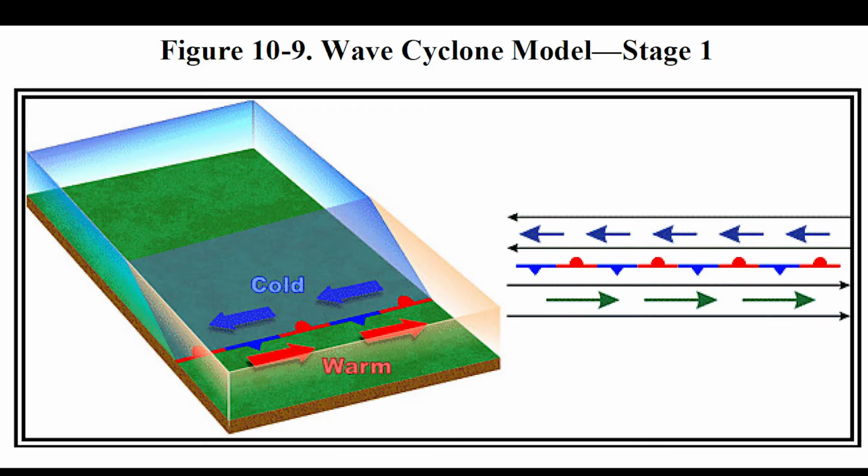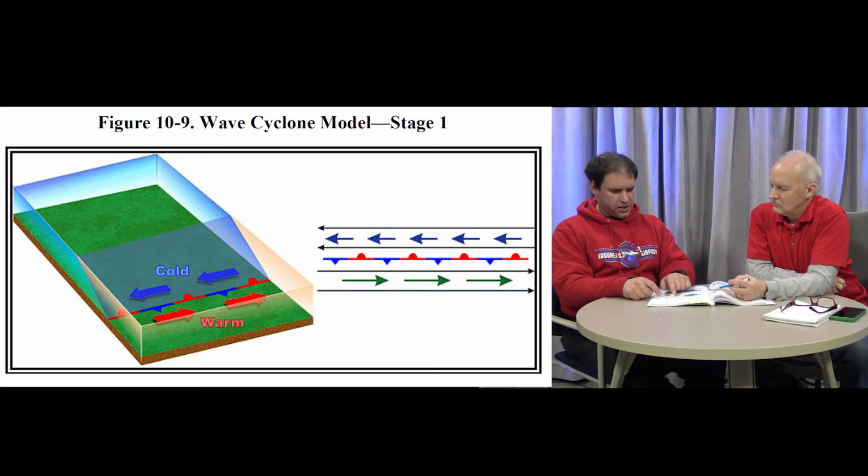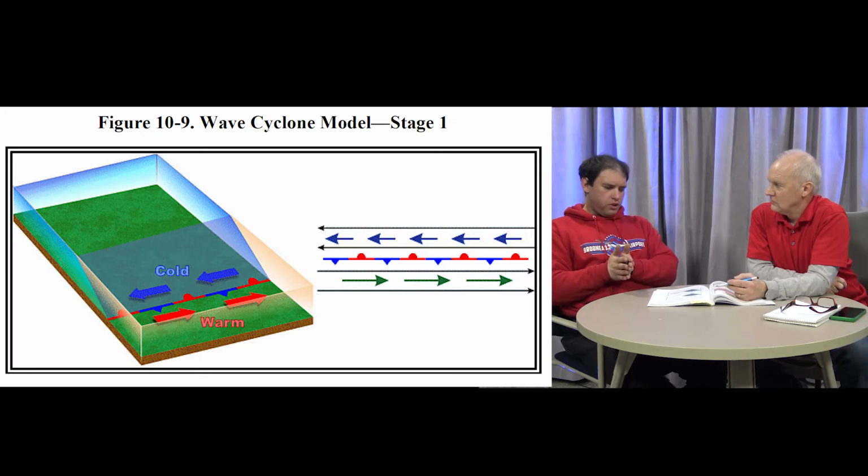The way that the rotation of the low pressure system gets started is you'll have a cold air mass and a warm air mass and wind flowing one way on one side and the other way on the other side. Anytime you have two masses of air flowing in opposite directions, you get what's called a shear, where essentially the air has friction with other air. And as it has friction, it'll get slowed down at that boundary.